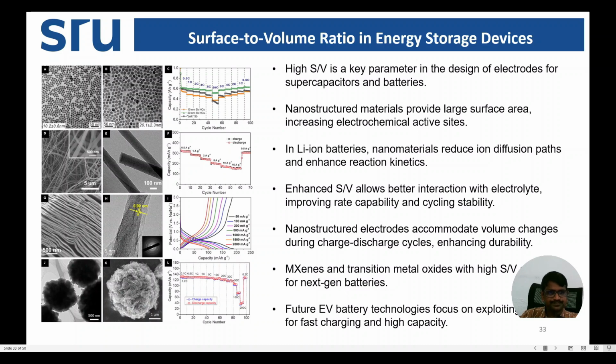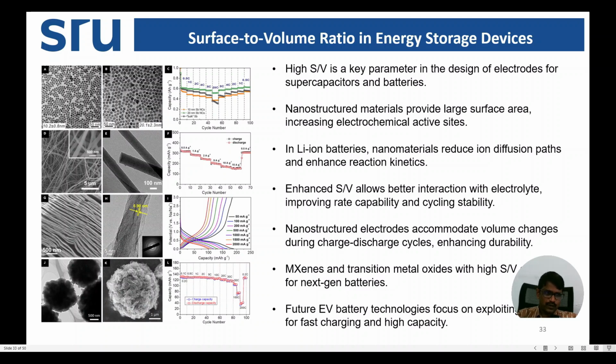Here you can see two dimensional materials, something like MXene, graphene, g-C3N4. This is a three dimensional material, just like a ball or flower, a 3D nanostructure. These all provide a higher surface to volume ratio.